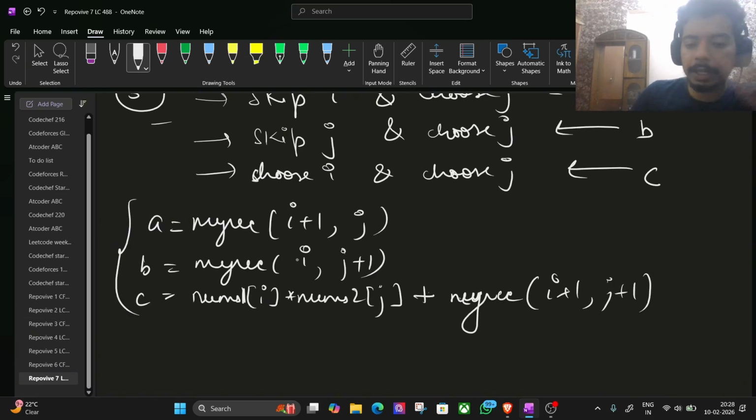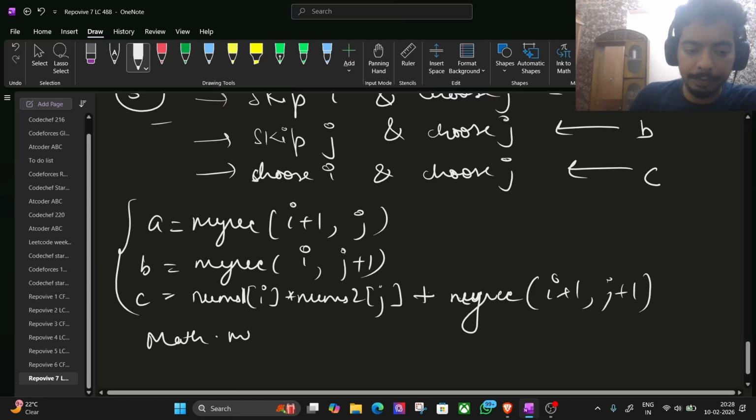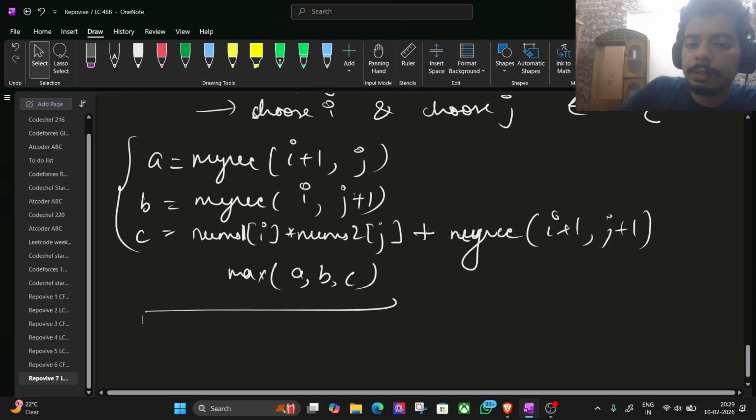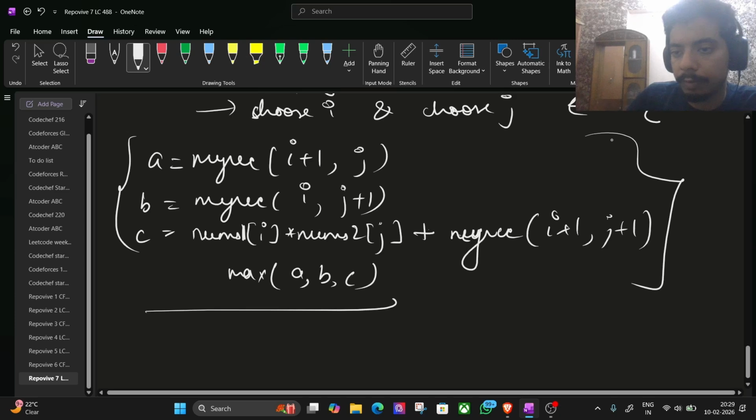So these three are your recursion calls. After that, take the maximum of all of them, A, B, C, and whatever is the maximum, just return that answer. So this is your recursive idea. I can say this is the brute force recursive idea.